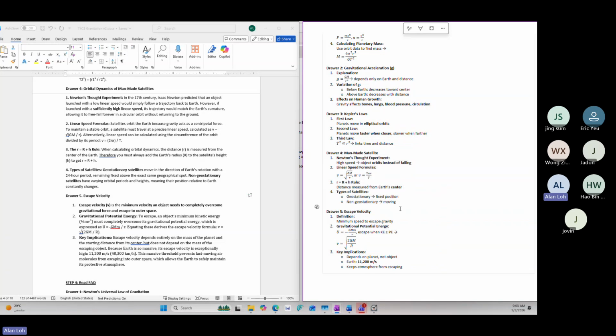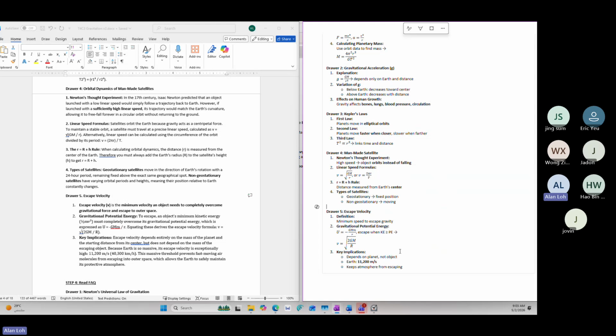And then you have 2 types of satellite. Then escape velocity. How do you escape from the Earth? Because every object like Earth, the big mass of any planet, has this very strong gravitational force that's pulling you back.